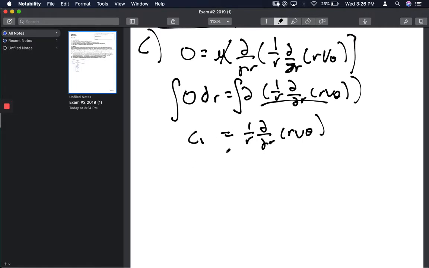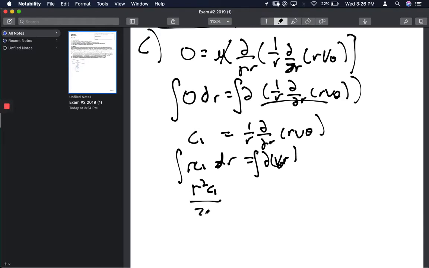So we're going to move this r over to this side: r C1 dr is equal to d(r vθ). Integrate both sides like here. It'll be r squared C1 over 2 plus some C2 is equal to vθ r.